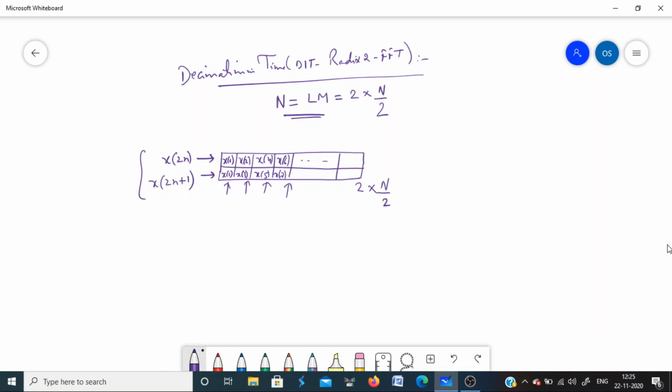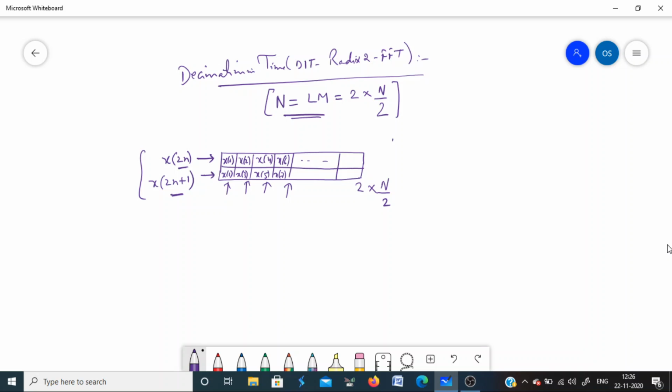Using this decomposition, 2 into N by 2, we are basically dividing the input sequence into 2 sequences. The length of each sequence is half of the original sequence. One sequence contains the even samples, the second sequence contains the odd samples.